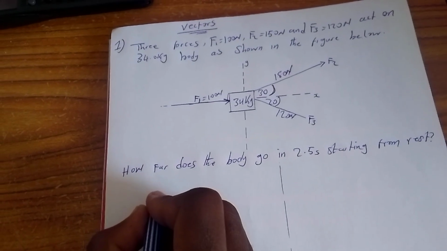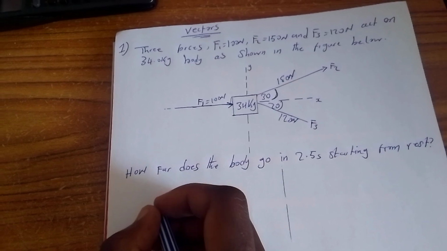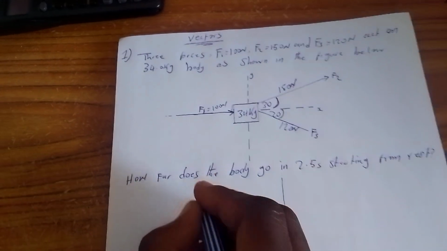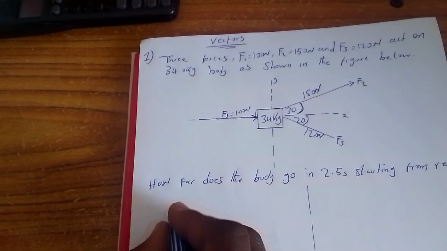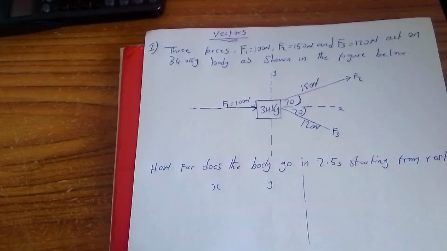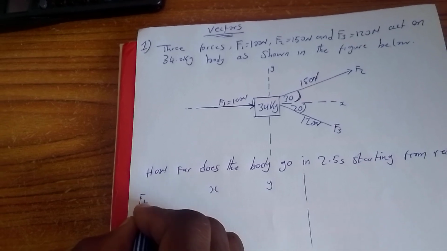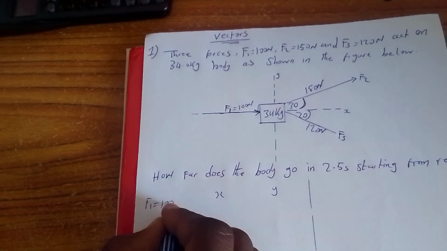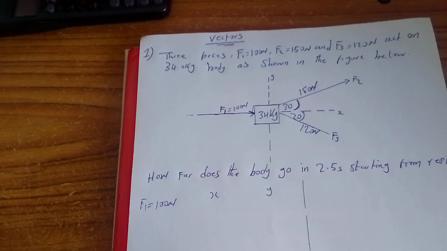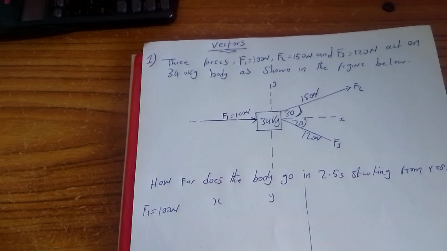To find the resultant force, we are going to find the components of each force that has been given. Let us start with it. So we can say x and y. For force 1, which is equal to 100 newtons, force 1 was along the x-axis.